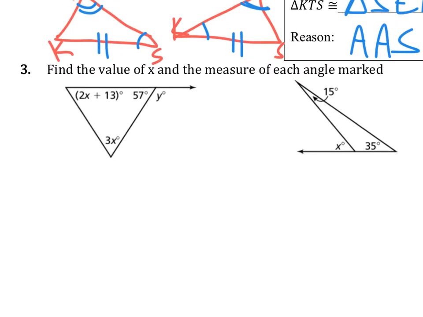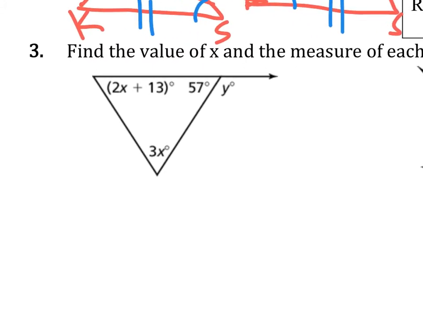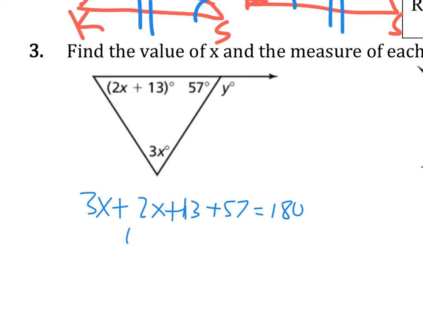Now we've got some triangles, and we know some things about these triangles here. First of all, we got angles on the inside, add up to 180. So all these angles, 3x plus 2x plus 13 plus 57, and that equals 180. All right, so a little bit of solving, 5x plus 70 equals 180.